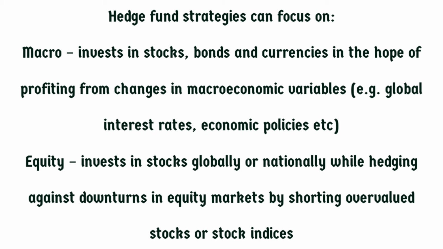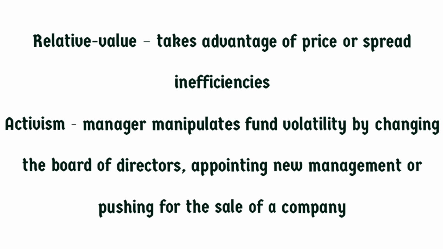Now, the equity hedge fund strategies. Invest in stock globally or nationally while hedging against downturns in the equity market by shorting overvalued stock or stock indices. And relative value takes advantage of price or spread inefficiencies.